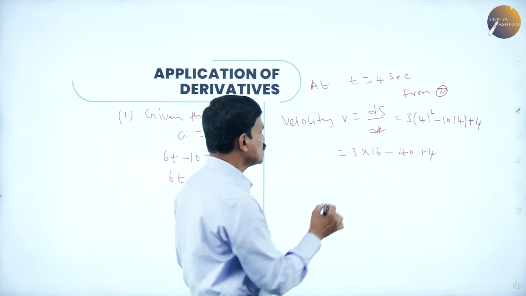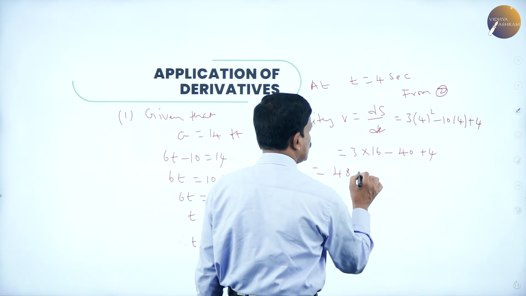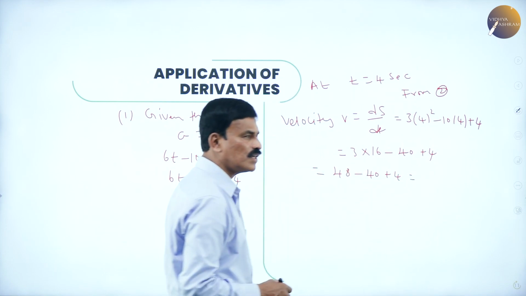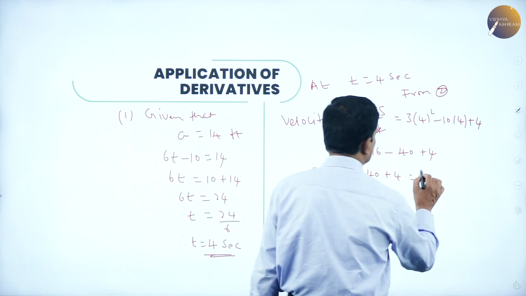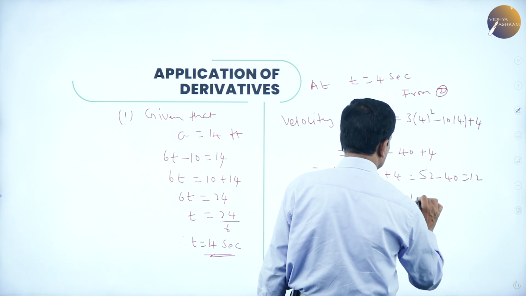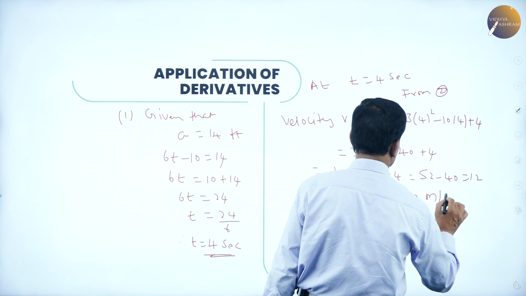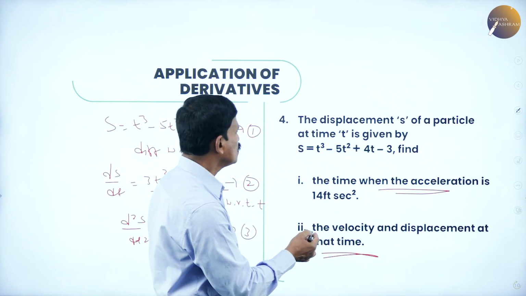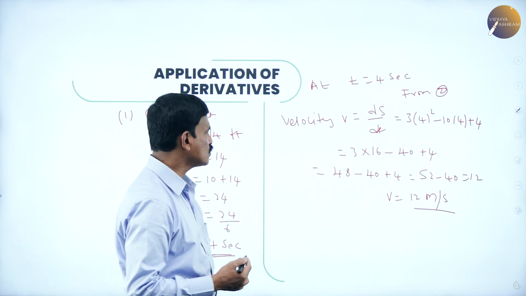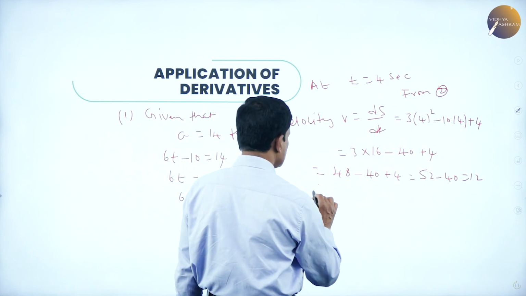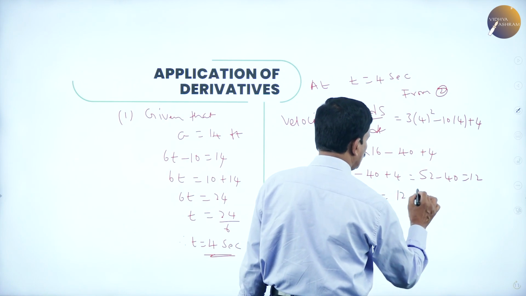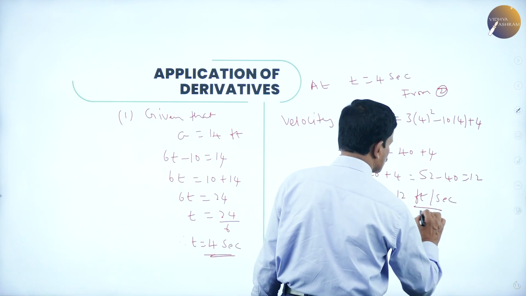Now, this can be written as 48 minus 40 plus 4, that is 48 plus 4 is 52, minus 40, 52 minus 40 is equal to 12. So, velocity is equal to 12. What is the unit they have given? The unit is not given, so, feet per second. Therefore, the velocity is equal to 12 feet per second. This is the velocity.